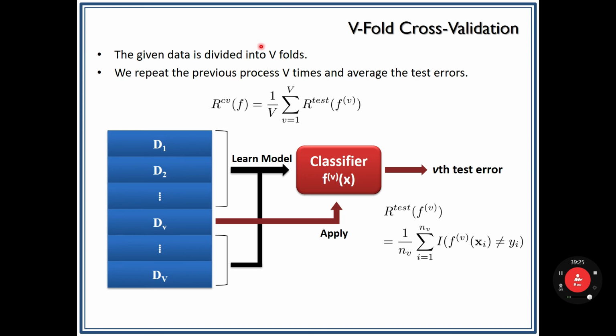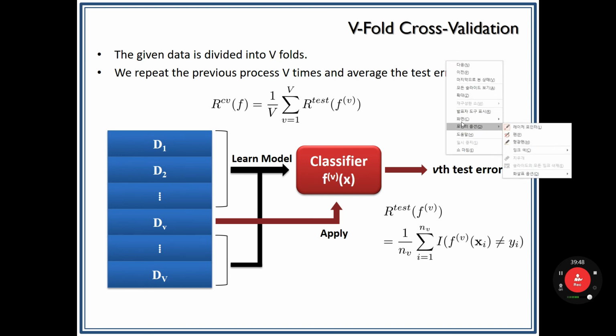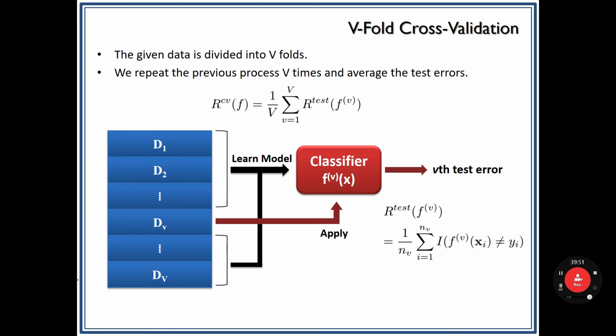So you choose this number of folds. Sometimes it's called n-fold cross validation in other literature, and sometimes, I guess, k-fold cross validation. So here V again is of your choice, and in this cross validation we divide the data into V folds, then we train a model using the first V minus 1 folds, and we use the remaining fold for testing.